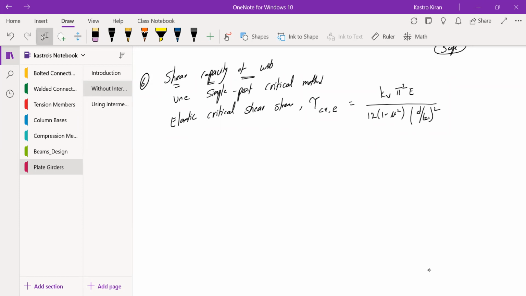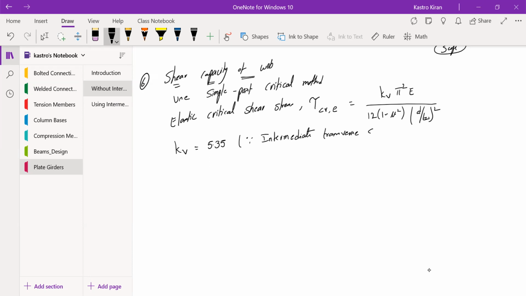Now here, when you are not using intermediate transverse stiffeners, remember kV equals 5.35. This is used when intermediate transverse stiffeners are not provided.